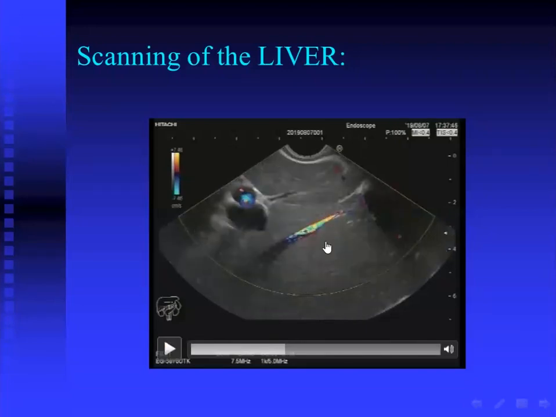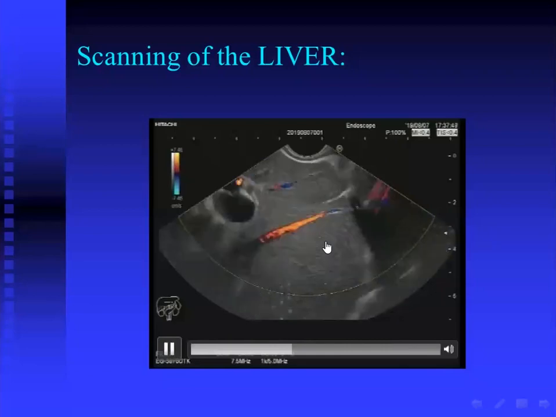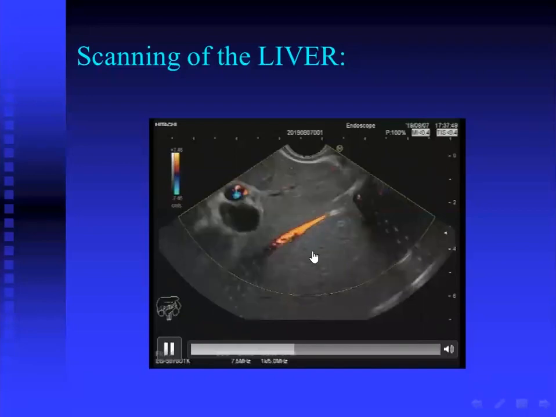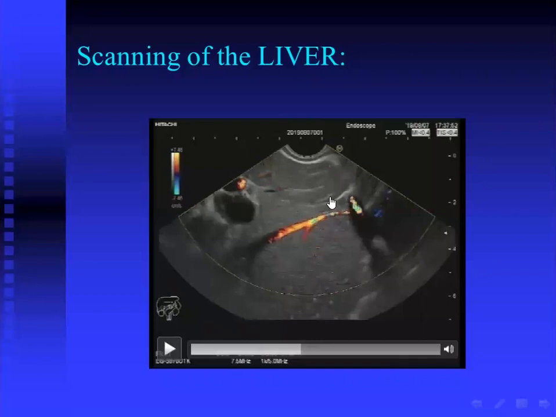Here we can find a fibrous structure above the middle hepatic vein, joining the left portal vein to the inferior vena cava. This fibrous structure is the ligamentum venosum. So in this view, we find the middle hepatic vein and the ligamentum venosum. Here the segment between the echoscope and the ligamentum venosum is segment 1, still the caudate lobe.